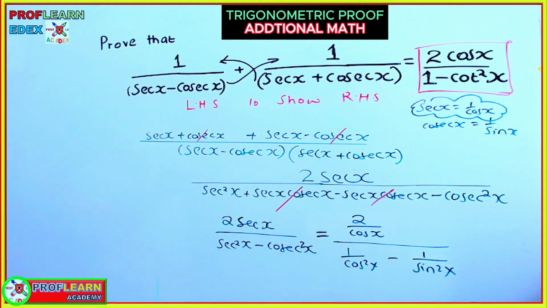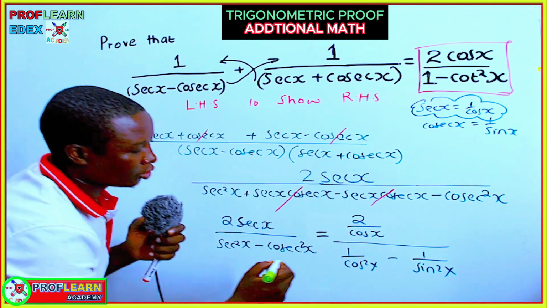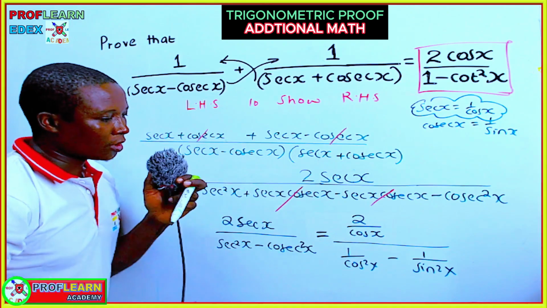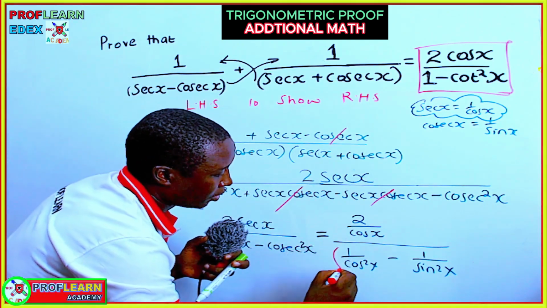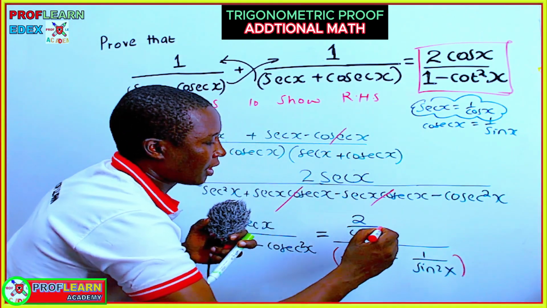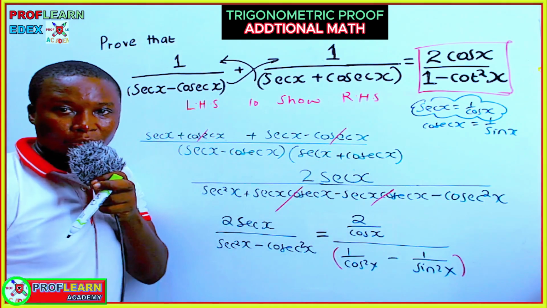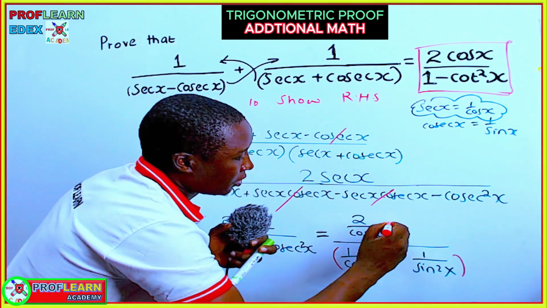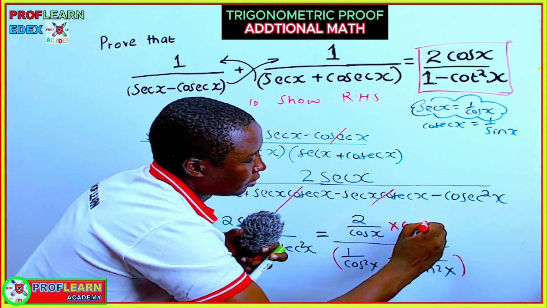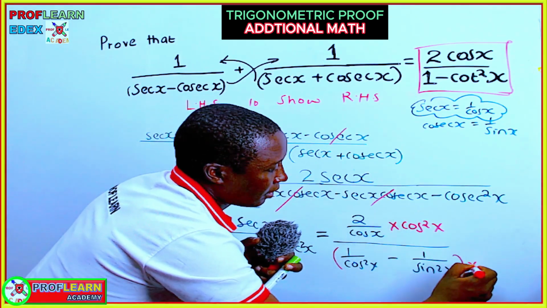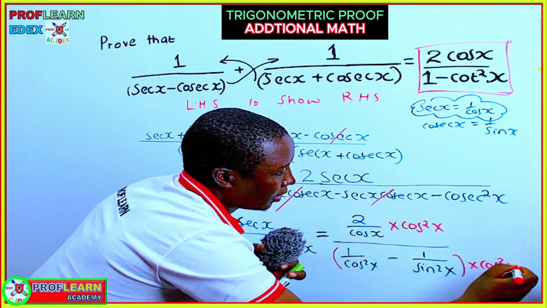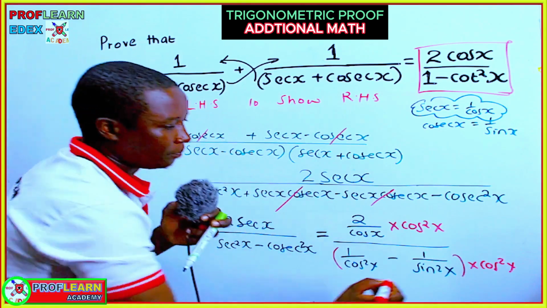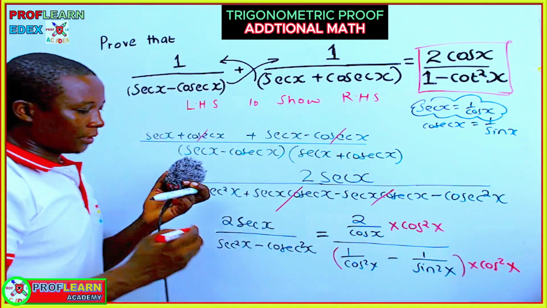The next thing I'm going to do is multiply all through. I'll multiply this term at the denominator and at the numerator by cos squared x. Let me write this x properly.